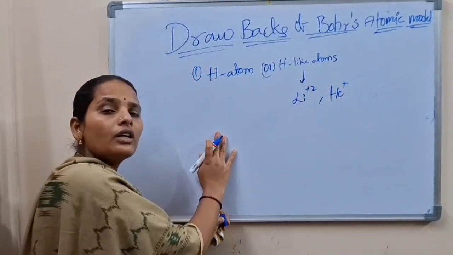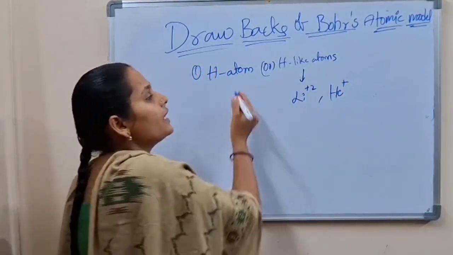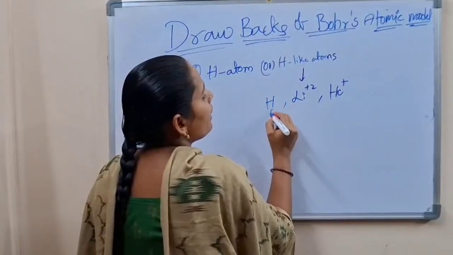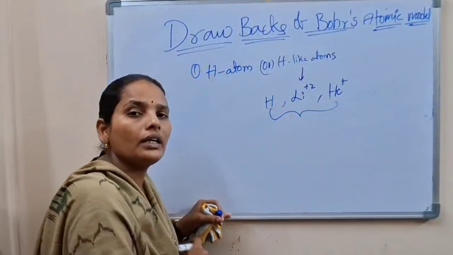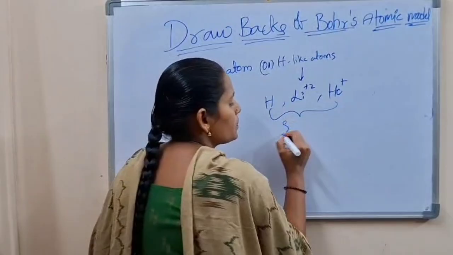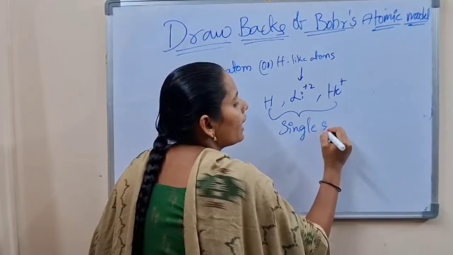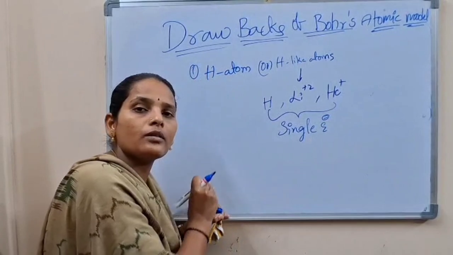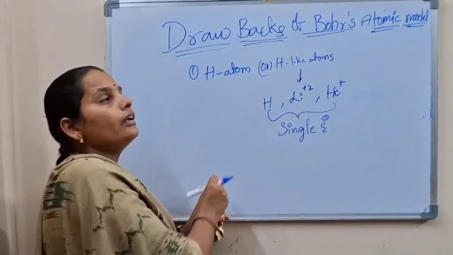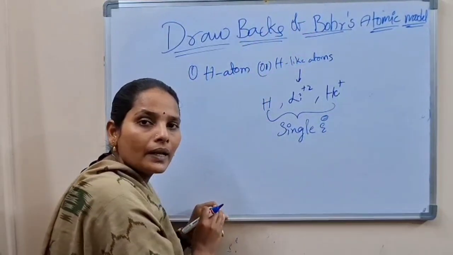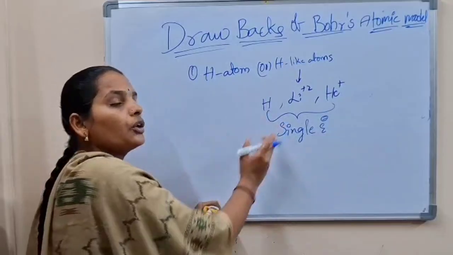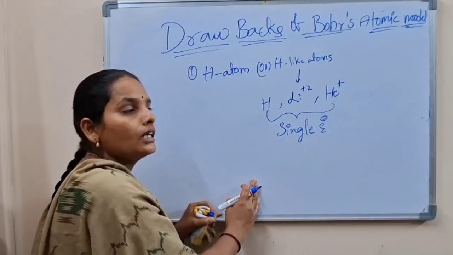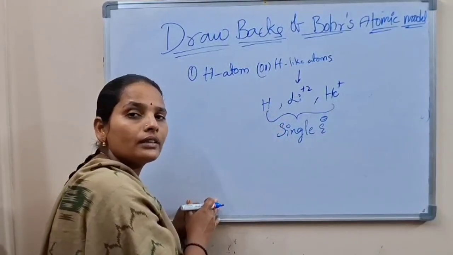Why? These species have a single electron in their orbits. For single-electron atoms only, Bohr's atomic model is applicable. If you go to multiple electrons, this theory does not work.